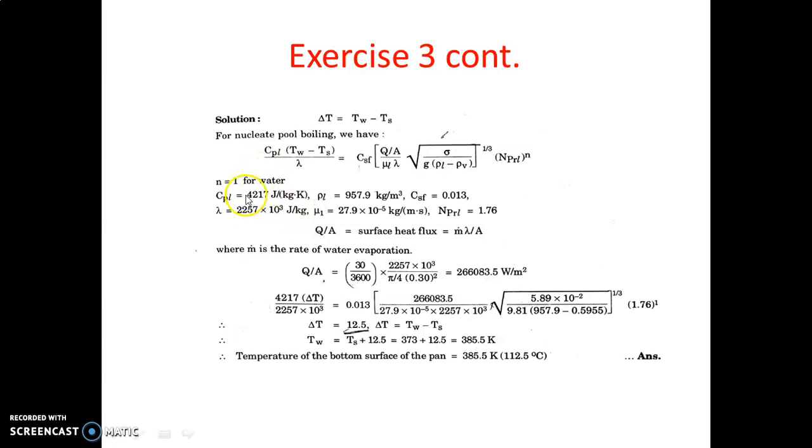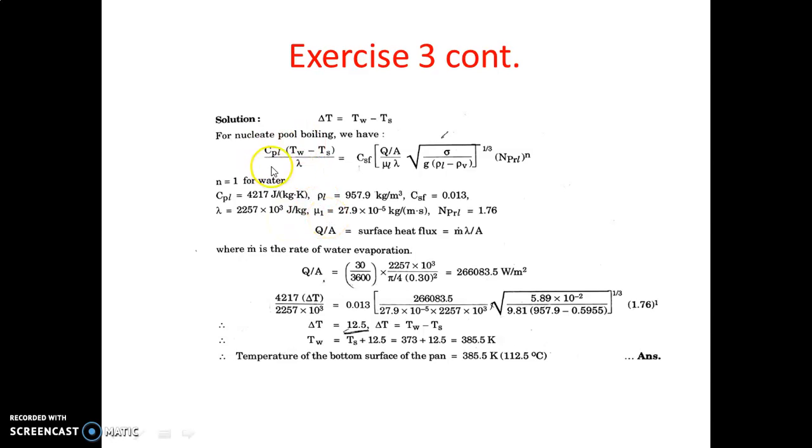The specific heat is also given in this problem, so you have to put this value. Then this is delta T as it is. Then you have to write the value of lambda, which we have to convert into joules per kg by multiplying by 10 to the power 3.